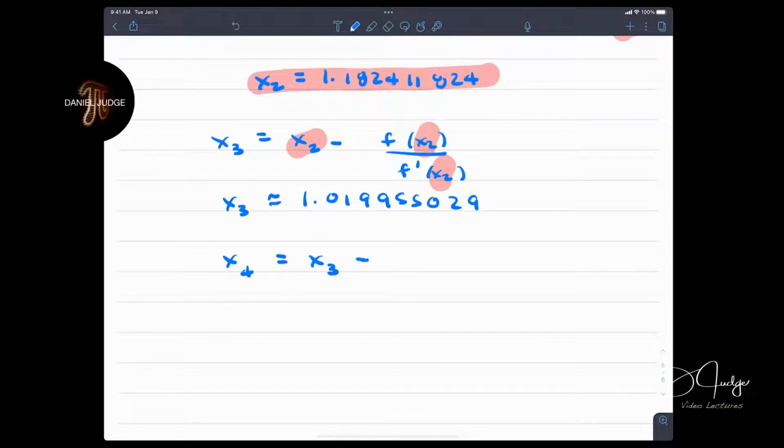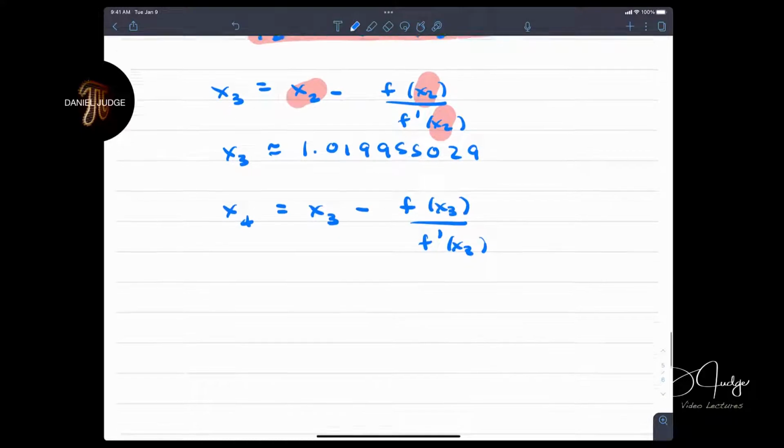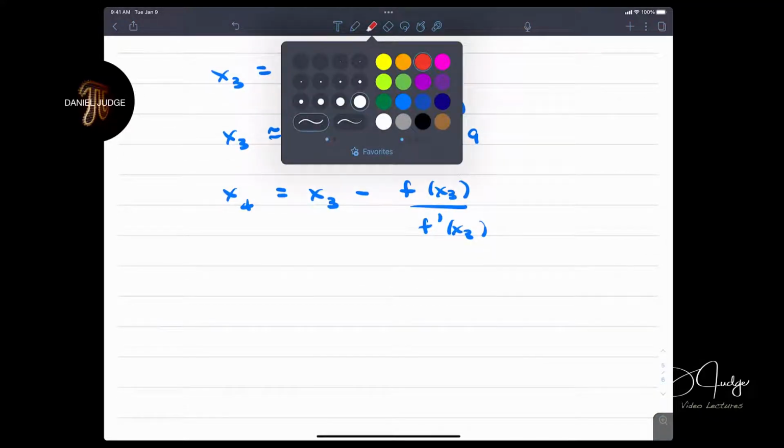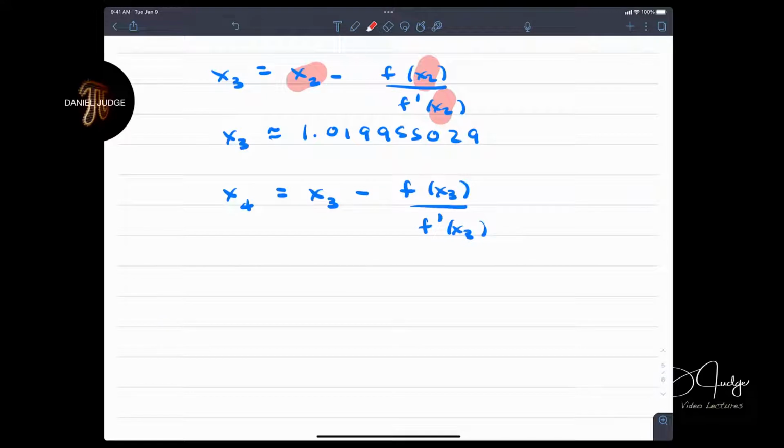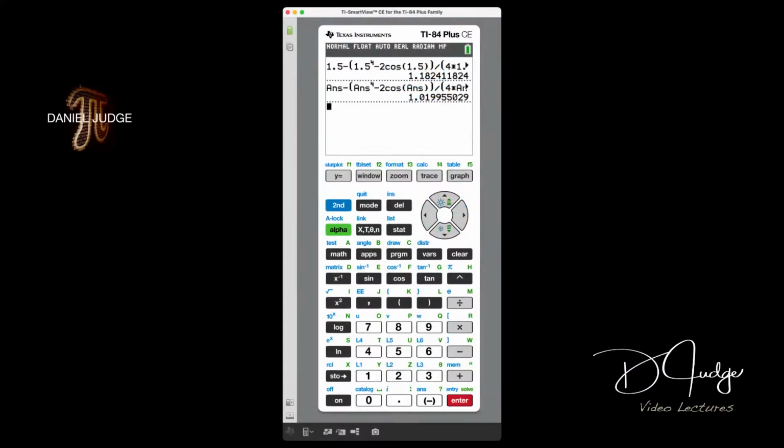And x4 will be x3 minus f of x3 over f prime of x3. We will use x3 being what we just got, and we'll get x4. When we do that, we're going to use the prior answer function in the TI. Second answer, minus parentheses, that's the answer raised to the fourth power.